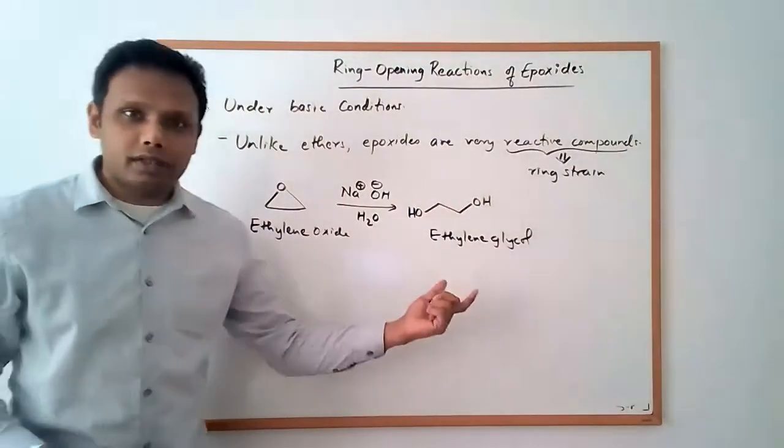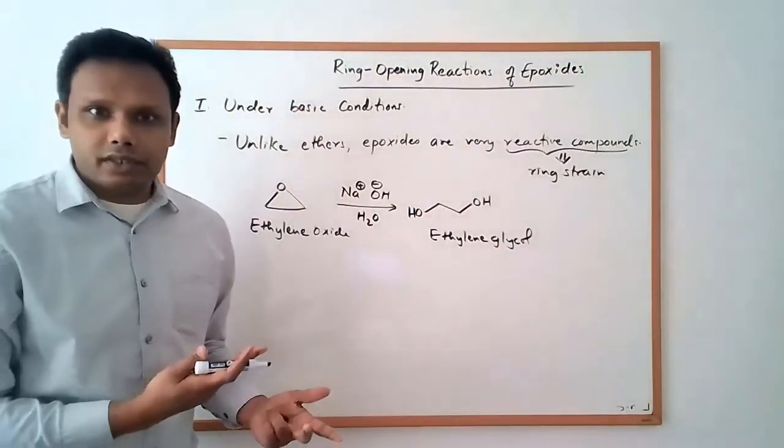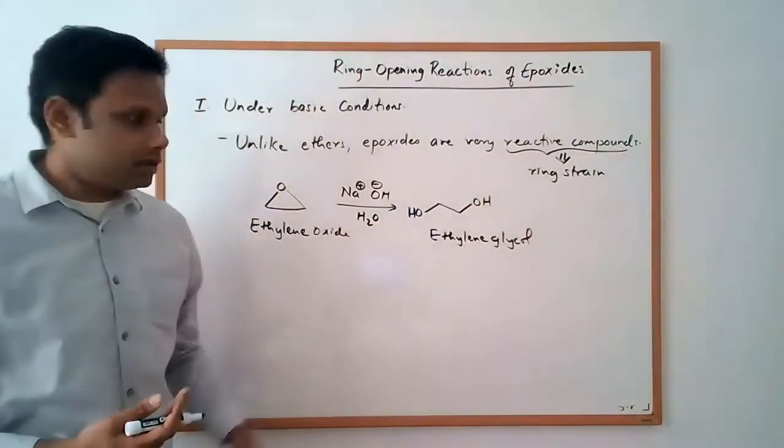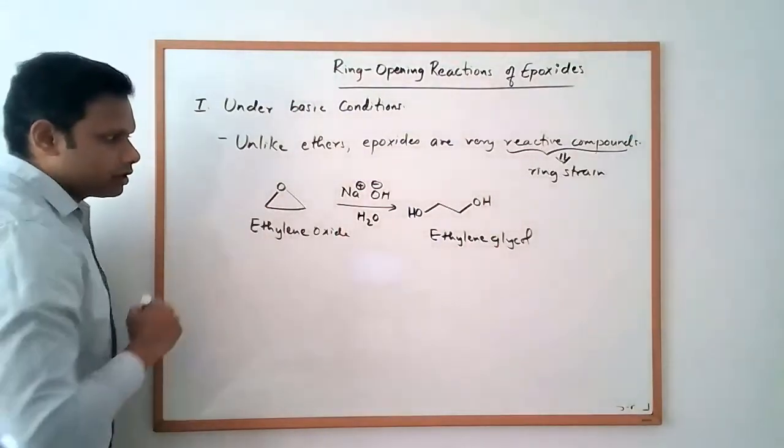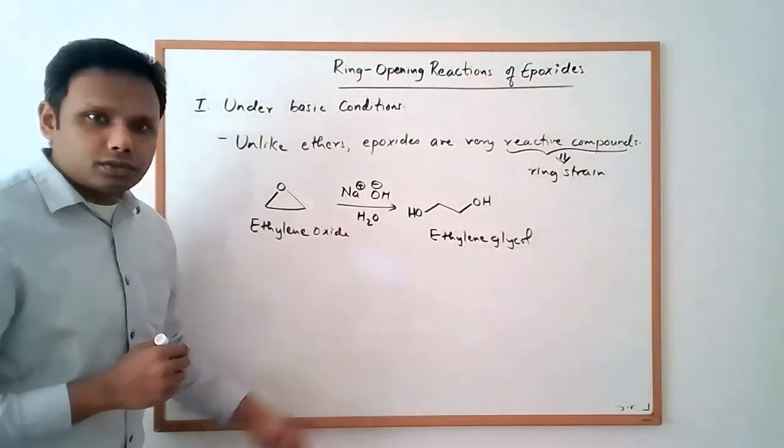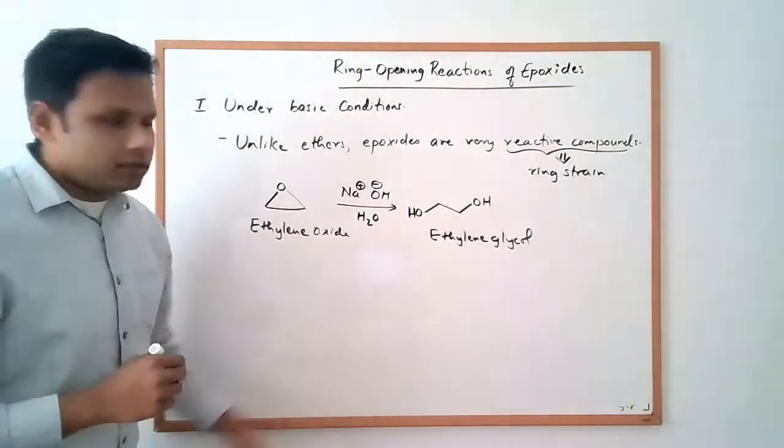That's the product used as an antifreeze in cars. So you can convert ethylene oxide into ethylene glycol.